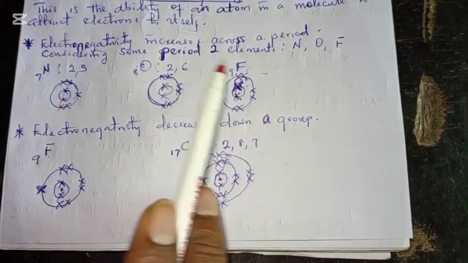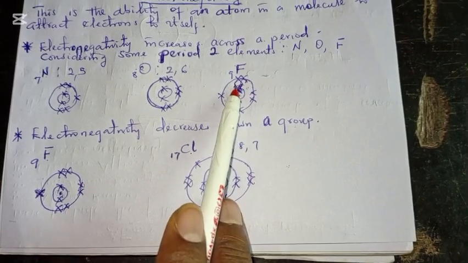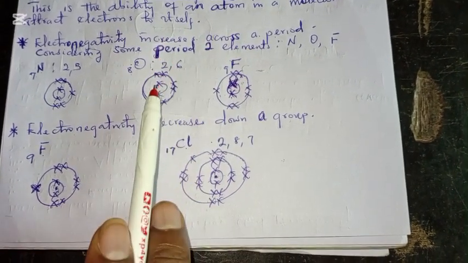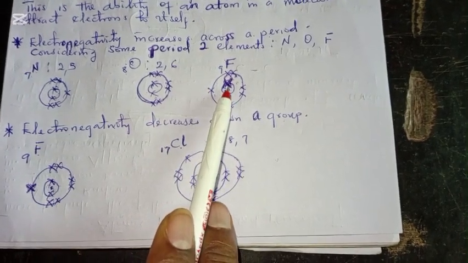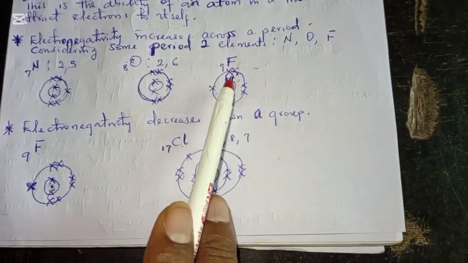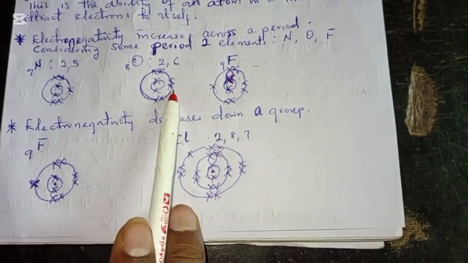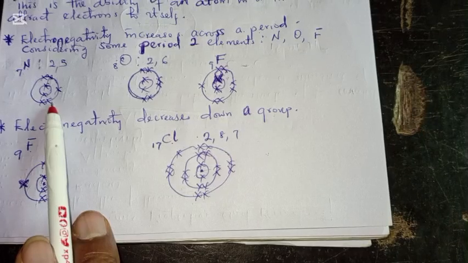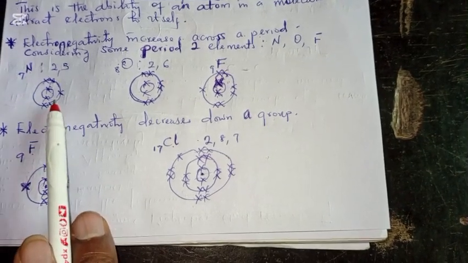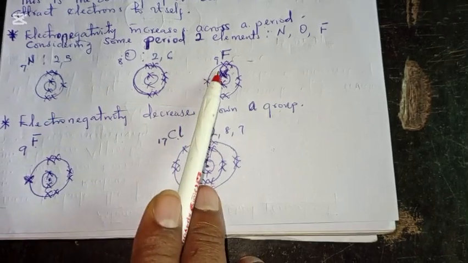Remember that we've said that fluorine will easily attract electrons to itself compared to oxygen and nitrogen, which means it requires less energy for fluorine to attract electrons when compared to oxygen and nitrogen, while nitrogen will need more energy to attract electrons to itself when compared to fluorine.